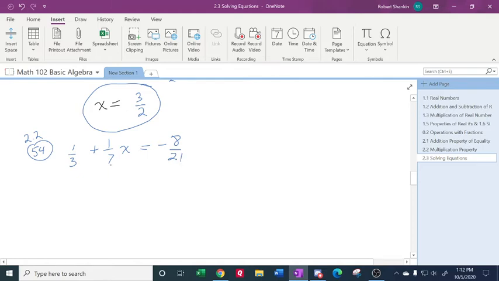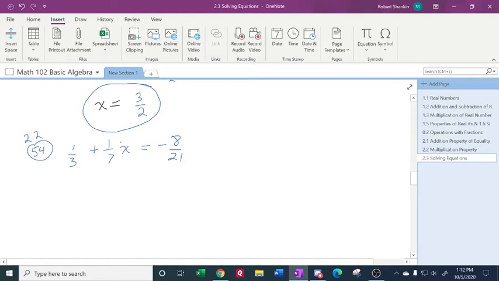Okay, and we're going to get even some more practice on this today. So I have three terms. The 1/3 and the negative 8/21 are like terms, but they're on opposite sides of the equation.